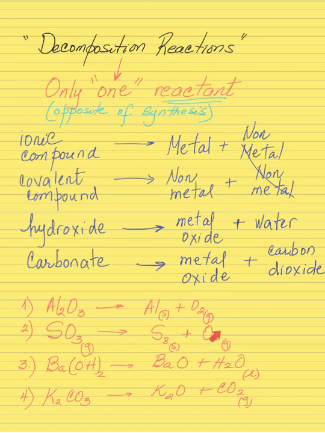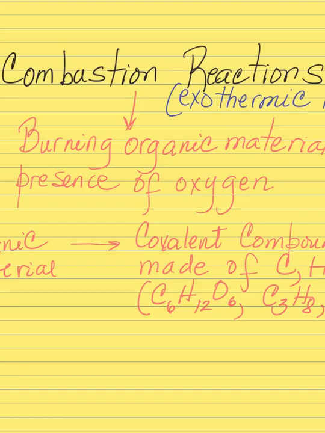Into the non-metal and another non-metal. Then you have the hydroxide decomposing into the oxide plus water, and the carbonate, in this case potassium carbonate, that is going to decompose into potassium oxide plus carbon dioxide. Okay, questions? You don't have any questions?